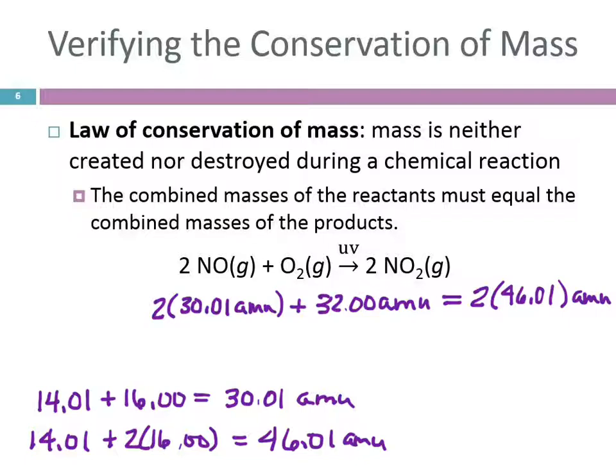So over here, the reactant side, if we did this reaction in terms of molecules, the reactants would weigh 92.02 AMUs. And on the right side, we end up with what? 92.02 AMUs. Is mass conserved? Yes. The mass that we started out with is the mass that we end up with.